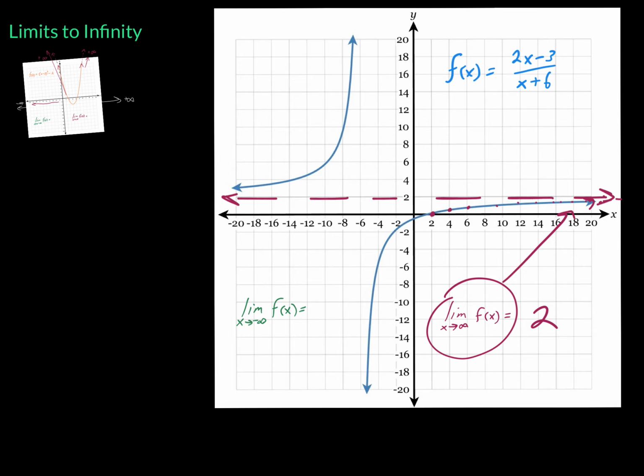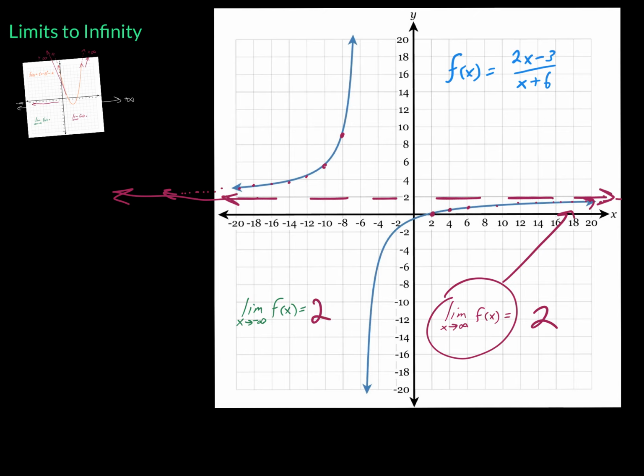Let's check the other side. If you look over here, what is the limit of our function as x is traveling down towards negative infinity? Well, here are all of our points. When x is negative 8, when x is negative 10, negative 12. Every time x keeps getting closer and closer to negative infinity, all of your y values are approaching the same value too.